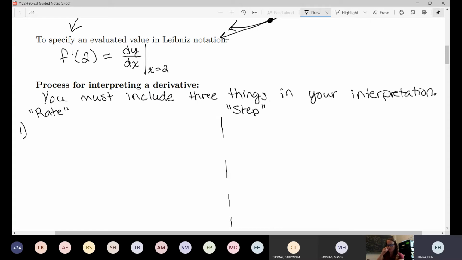So if you're going the right way, the first thing you always want to do is state the starting x value. Say you're finding f prime of 2 and you're interpreting f prime of 2, you would have to say at x equals 2, or whatever the x context is: at time, at 2 minutes, at 2 hours, at whatever.